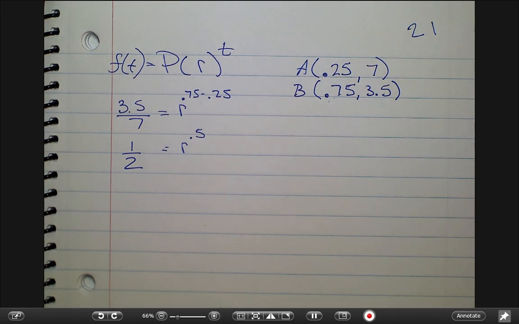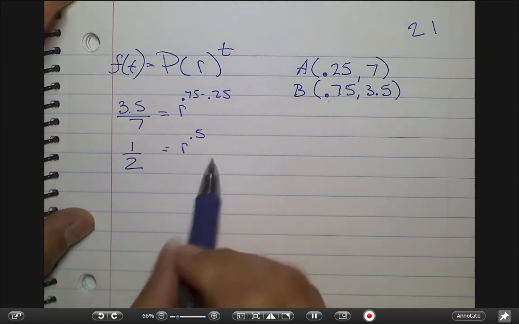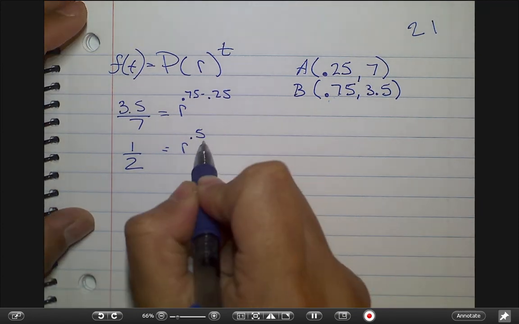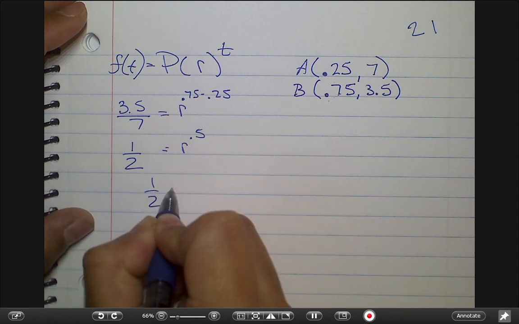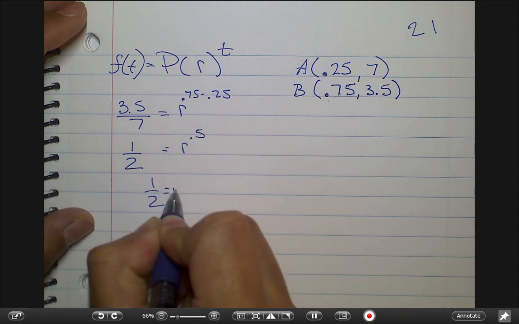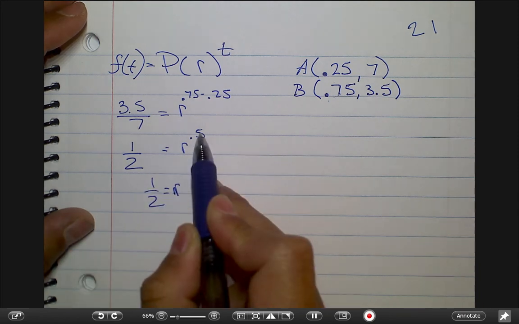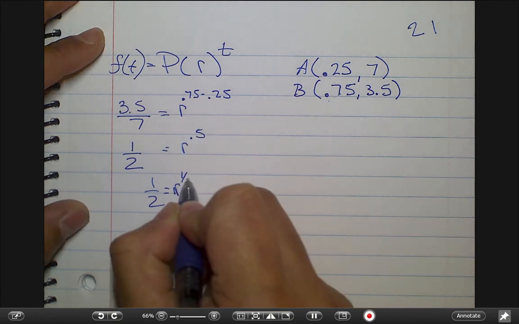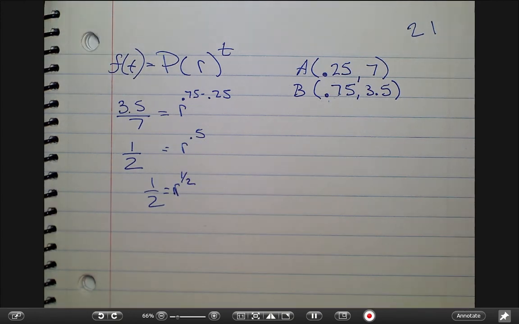So I'm doing the algebra, and I'm going to try and show you guys the end result to make the math easier for you. So by doing this, we know that 0.5 is the same as saying R to the 1/2. 0.5 is 1/2, isn't it? Okay, R to the 1/2.